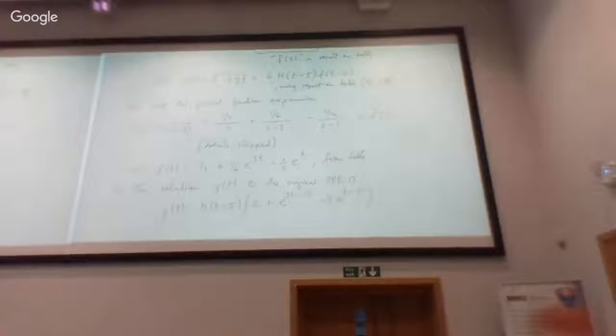Okay, so that's what the solution to the original ODE looks like. It's essentially this function here, 2 plus this exponential minus 3 times that exponential, but only after a certain point, after t equals 5. Previous to t equals 5, it's just 0.